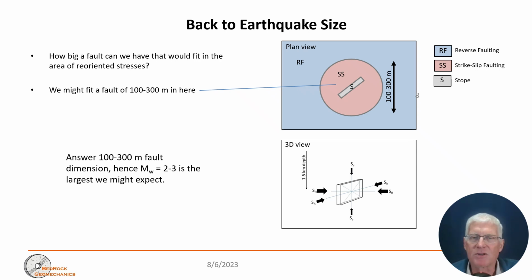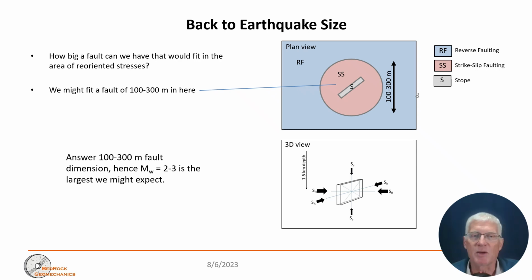And of course, as I mentioned, modeling and some detailed calculations about how the state of stress would evolve as you move out after the stoping and away from the stoping would be a great way to figure out how big the area is where the stresses would be close to failure and you might expect seismic slip. But as a crude estimate, if we have a stope that's typical of mining sizes in Western Australia, I think it'd be fair to say that the area where the stresses will change is on the order of 100 to 300 meters, and that would be a substantial change in the state of stress.